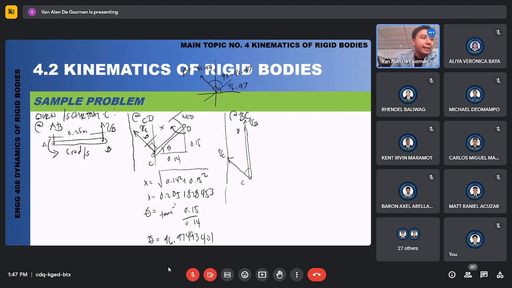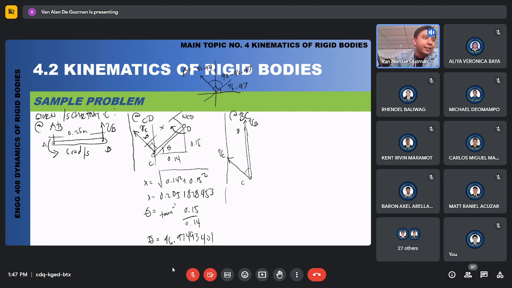Now, we measure our VC from that particular bar CD, and it is perpendicular, so it is at 90 degrees. Next, we cut another vertical line, which represents BC.